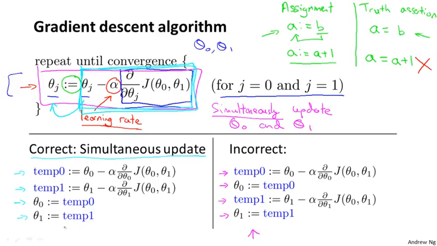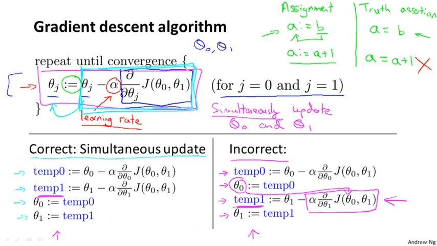And the difference between the right-hand side and the left-hand side implementations is that if you look down here, at this step, by this time you've already updated theta 0, so you would be using the new value of theta 0 to compute this derivative term. And so this gives you a different value of temp 1 than the left-hand side, right? Because you've now plugged in the new value of theta 0 into this equation. And so this on the right-hand side is not a correct implementation of gradient descent.